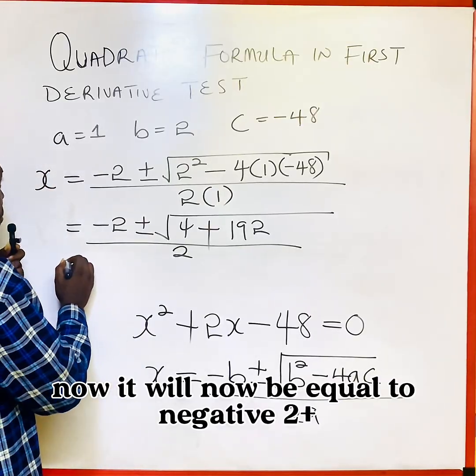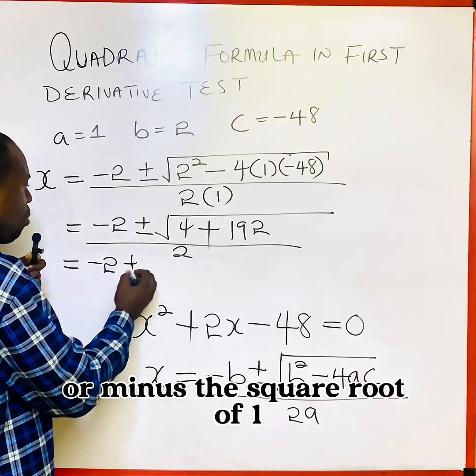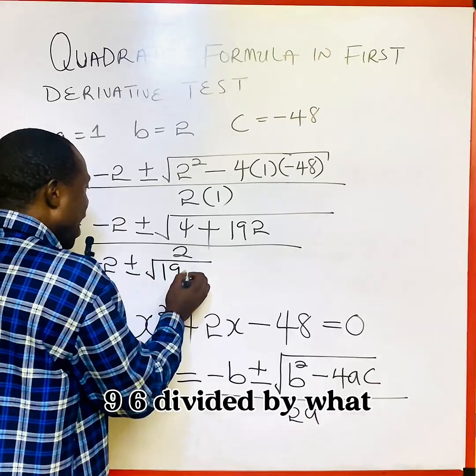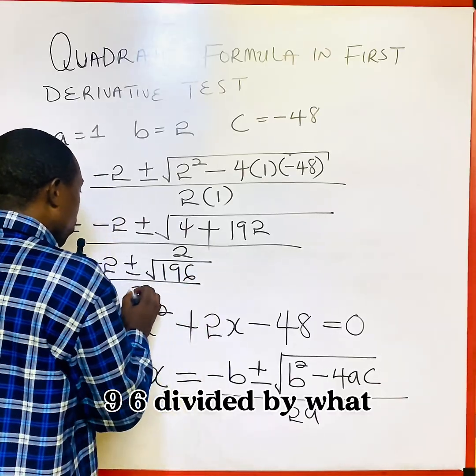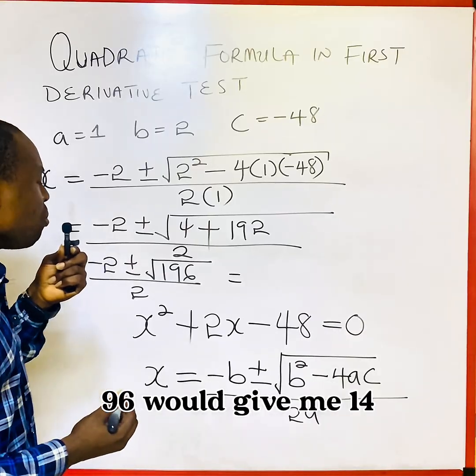Now it will be equal to negative 2 plus or minus the square root of 196, divided by 2, and the square root of 196 would give me 14.